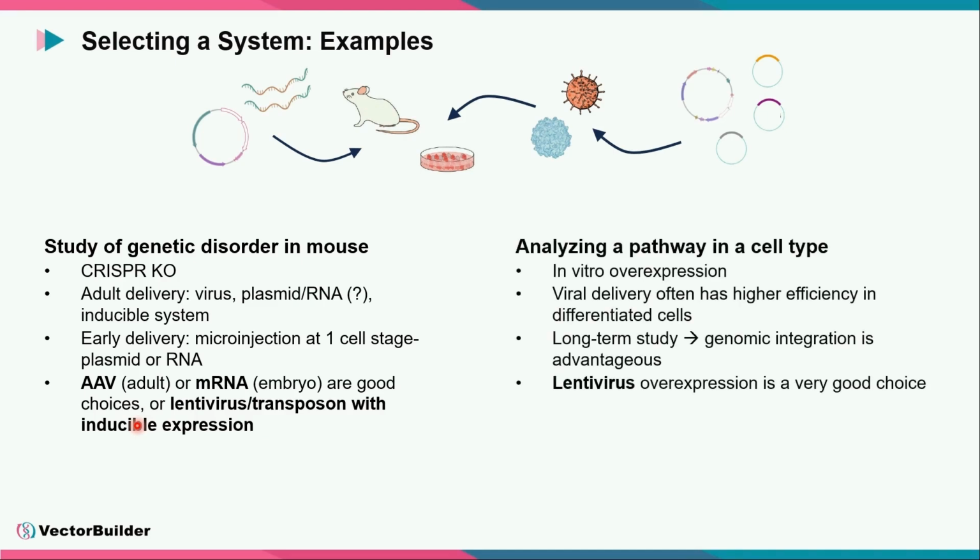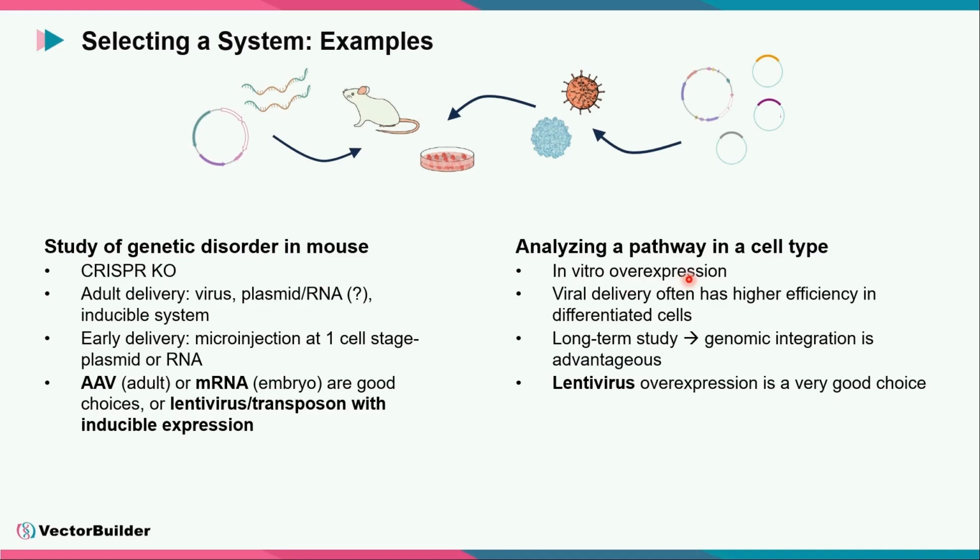Now for another example, if we want to analyze a pathway that's containing a kinase, for instance, in a particular cell type like endothelial cells, then if we're targeting a very specific cell type, an in vitro assay is going to be really useful for us. And one of the ways that we can study this pathway is through overexpression.